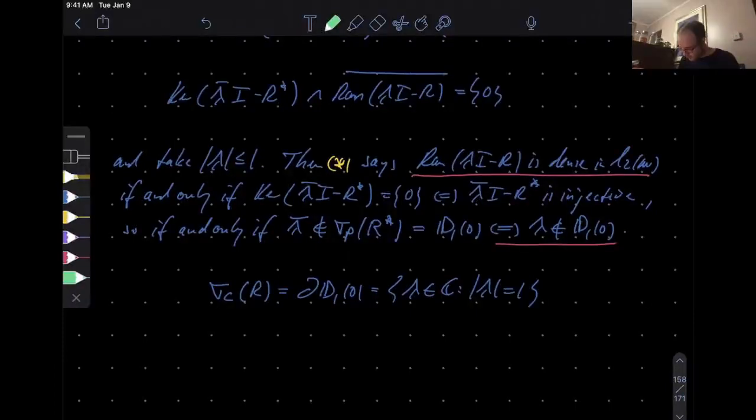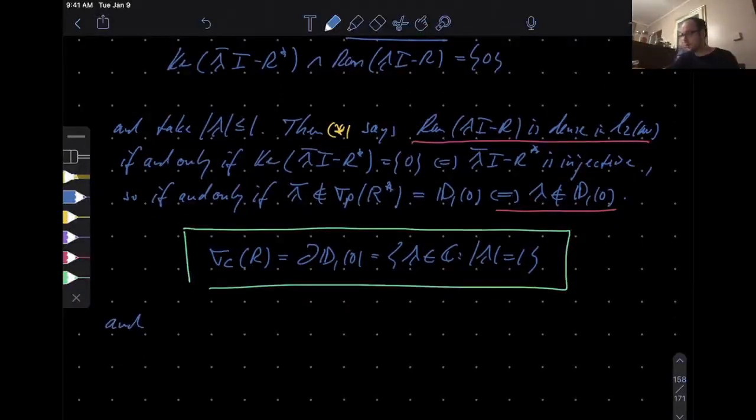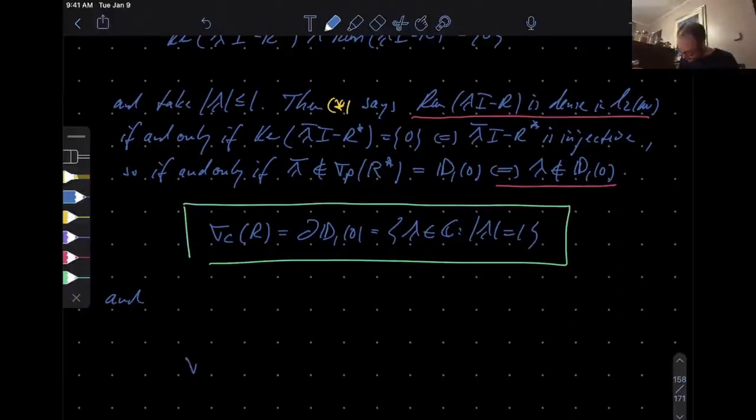And the residual spectrum is quite heavy in a sense. It's everything inside. And there we have it.